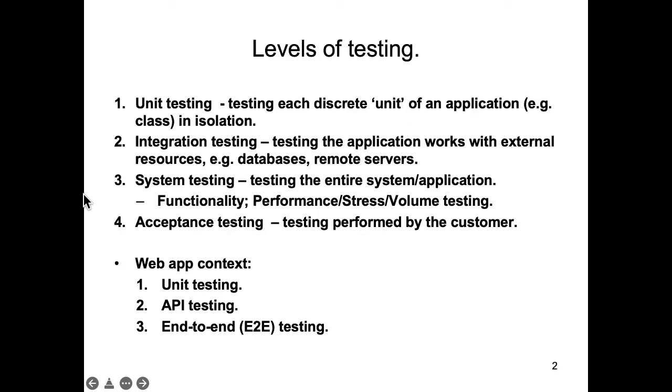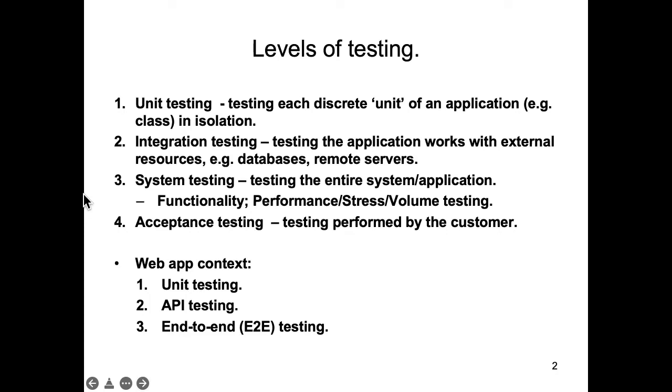Now, just some 101 stuff in terms of testing in general. Historically anyway, there are four levels of testing. Unit testing is where you're testing individual components within your application. What a component usually translates to these days is a class, or if the code doesn't have any classes, then it's going to be a function.